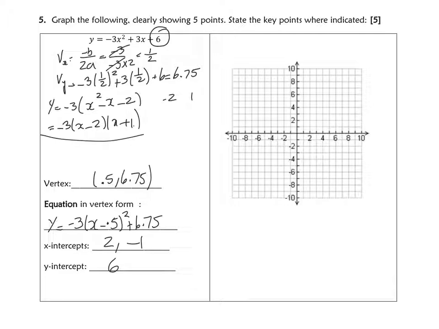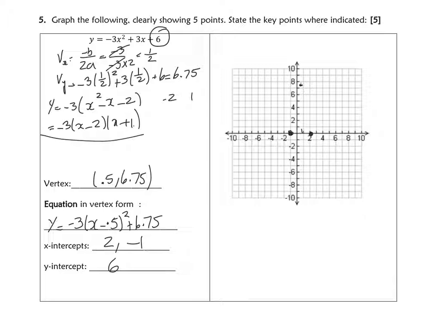So given these points, we can easily plot the parabola. First of all, the vertex is 0.5 and 6.75, so 0.5 and 6.75 is going to be somewhere around here. And then the x-intercepts are 2 and negative 1, so it's 2 here, and negative 1 is going to be here.